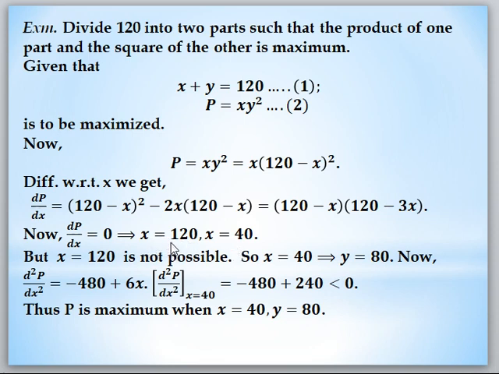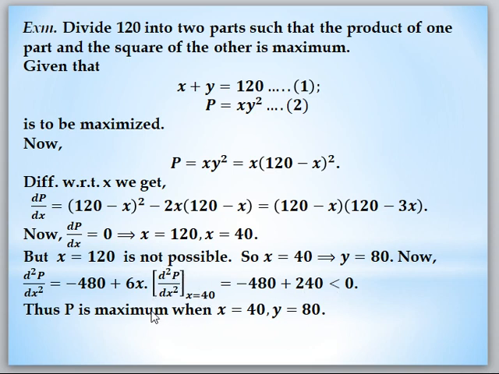40। এবার দেখো 120টা ইম্পসিবল, বিকজ 120টা হচ্ছে পুরো সংখ্যা। সুতরাং আমাদের সেকেন্ড যে অপশনটা রয়েছে, অর্থাৎ x is equal to 40, that is a feasible option. So if x is equal to 40, তাহলে আমরা পেতে পারি y কত হবে, 120 minus 40, that is 80। তাহলে আমাদের এই যে ডিভিশনটা হলো, এর জন্য আমাদের সেকেন্ড ডেরিভেটিভ অর্থাৎ d2P/dx square টা কত হবে, that is at x is equal to 40, you see that d2P/dx square is negative.